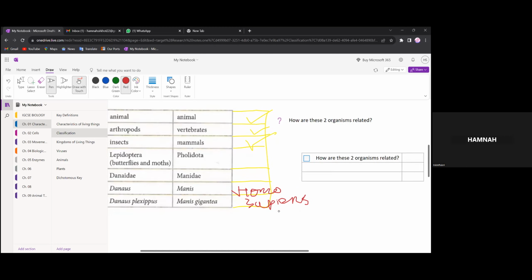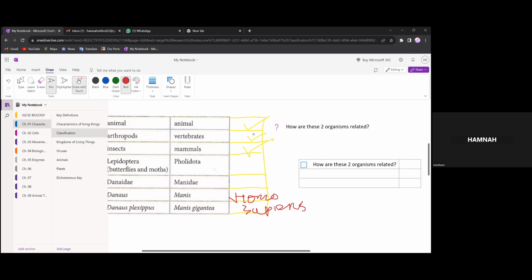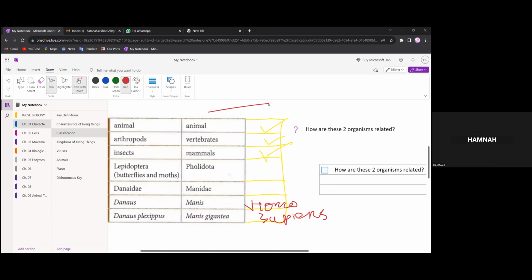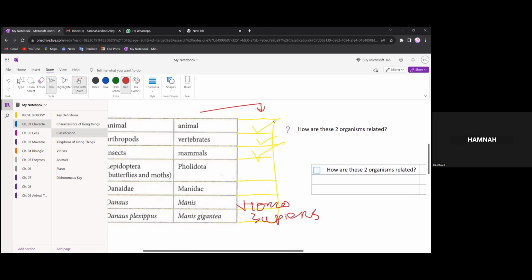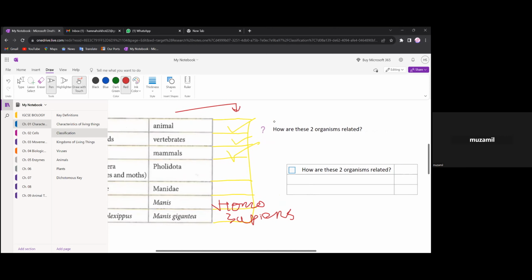If I write down humans in this column, how are these two, the animals and human tables, related? What would your answer be? They're both animals, both vertebrates, both mammals.